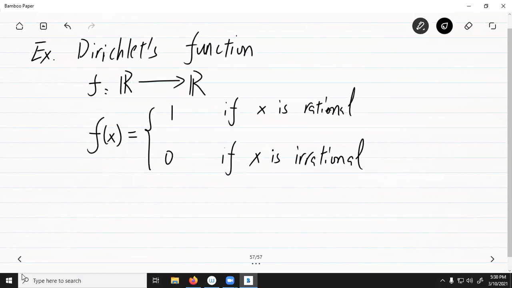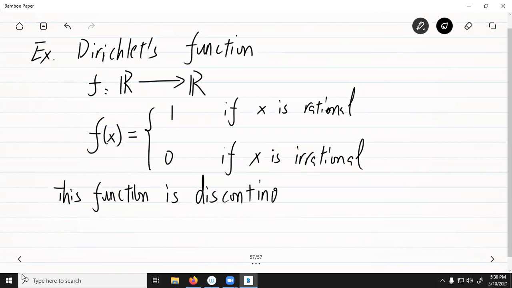So I would say this function is discontinuous, or not continuous. Discontinuous means not continuous, okay? Discontinuous.